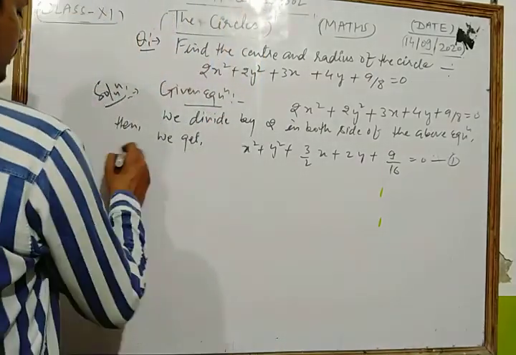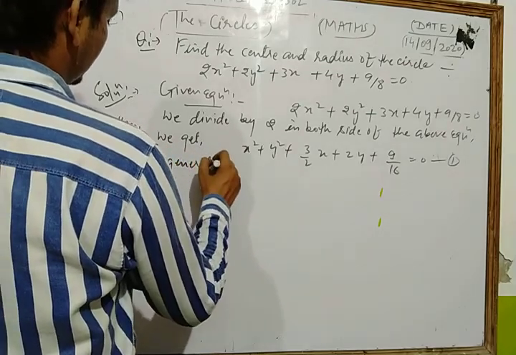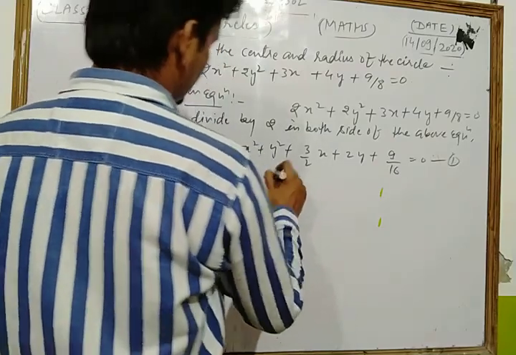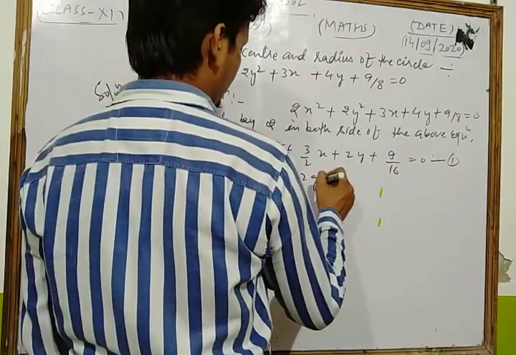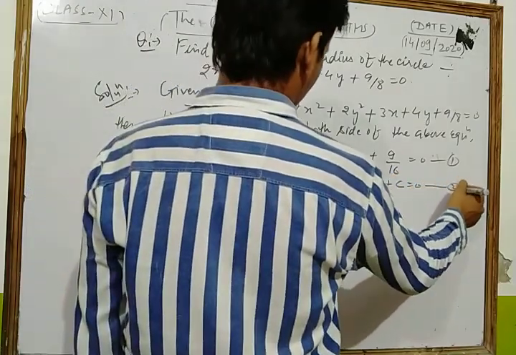Now, the general equation of the circle is x² + y² + 2gx + 2fy + c = 0. Take this as equation number 2.